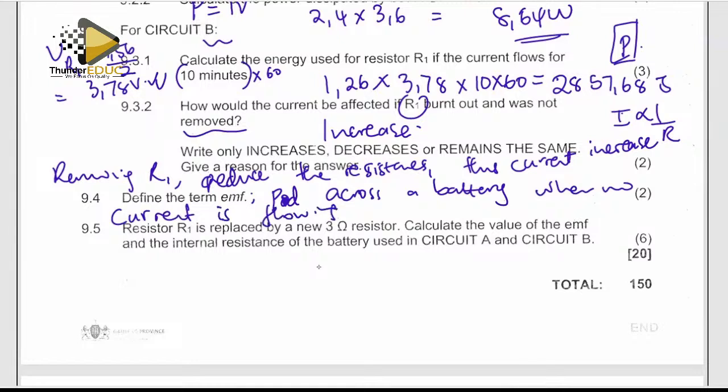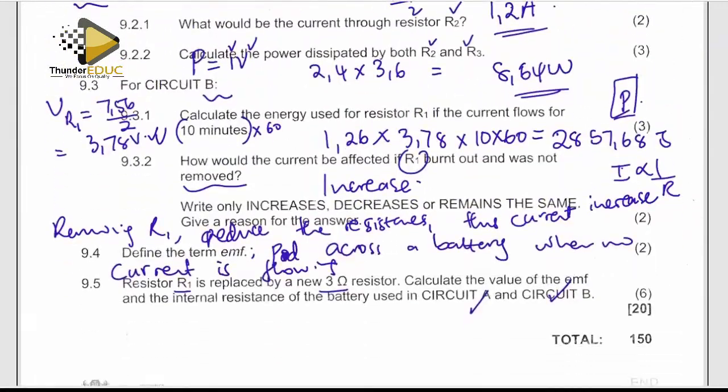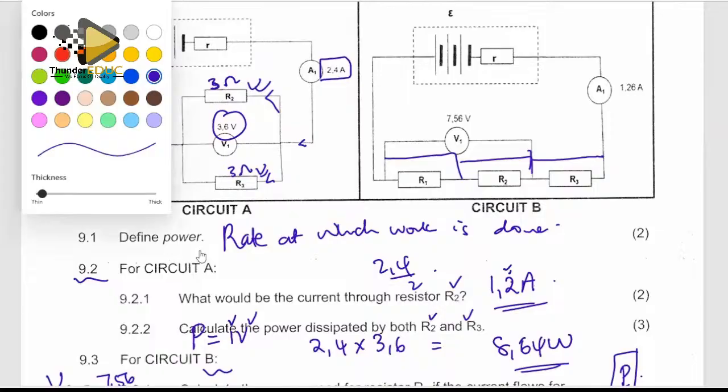9.5, resistor R1 is replaced by another new 3 ohm resistor. Calculate the value of the EMF and the internal resistance for the battery for circuit A and then circuit B. We're going to solve this simultaneously. Let's state the facts that we know.